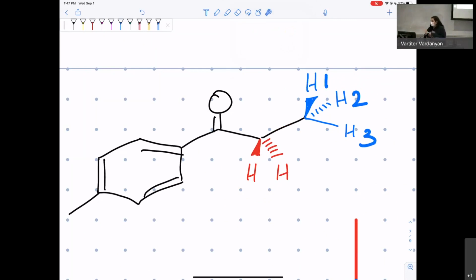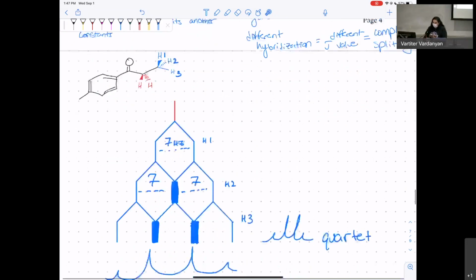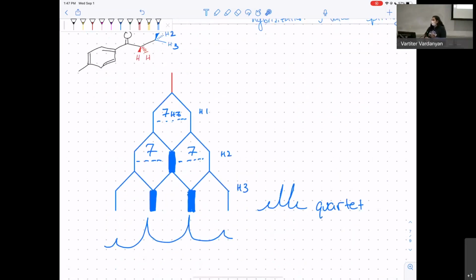I saw your hand, yes. You can think of it as this is what's actually happening, and the n+1 rule is just a simplified equation that helps you skip this and get the answer easily. Because we know this is a quartet, we know this has 4 peaks, but we could have also just looked at this and said 3 neighbors plus 1 equals 4.